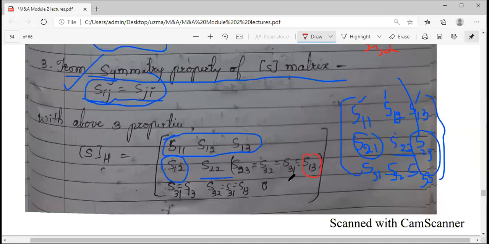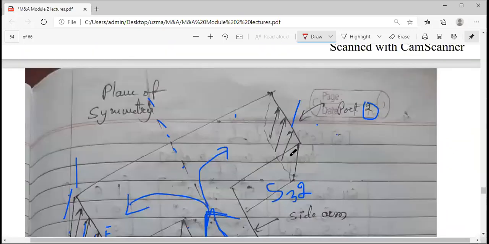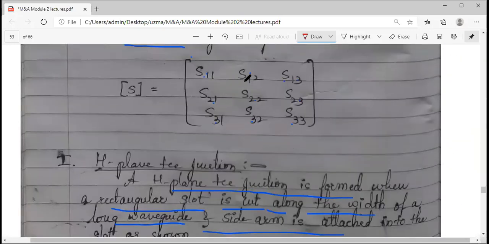Why I am using these values is, if you see how many elements are there in your S matrix, there are 9 elements. 9 unknowns, 9 equations you require, right? It's a bit tedious task.